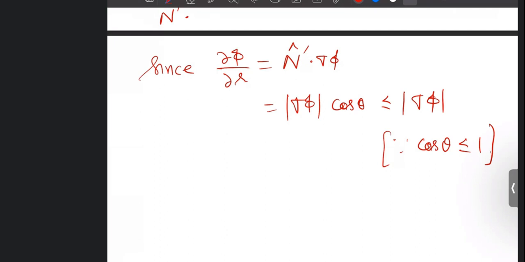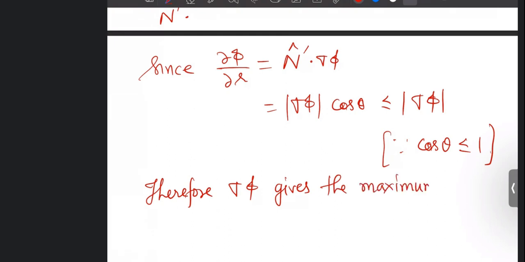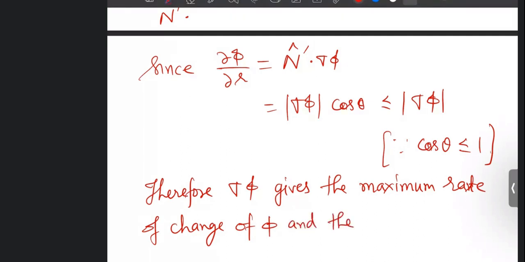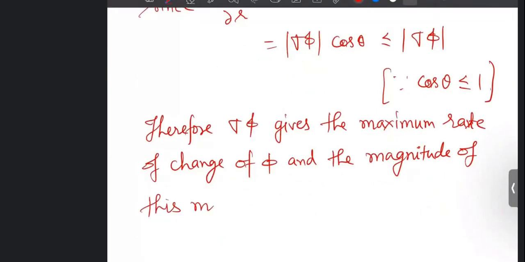What we conclude, therefore, is that del of phi gives the maximum rate of change of phi, and the magnitude of this maximum is nothing else, it is the magnitude of del of phi.